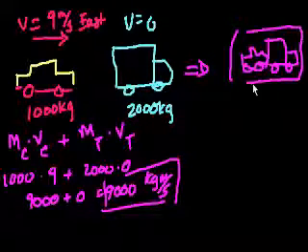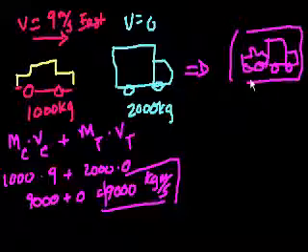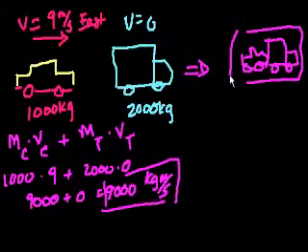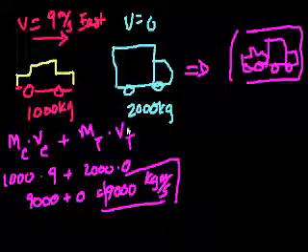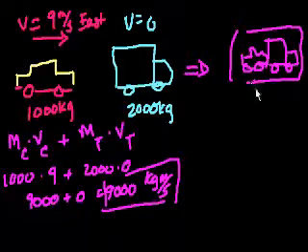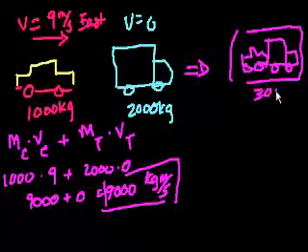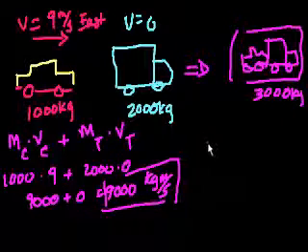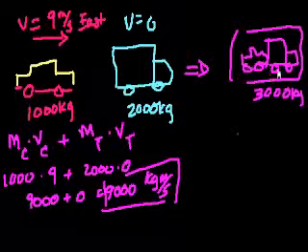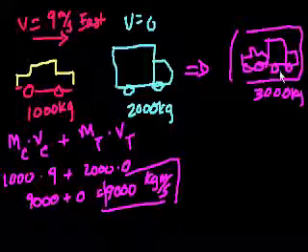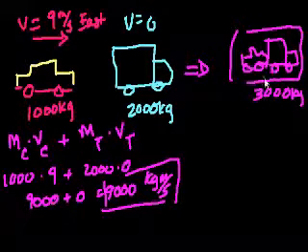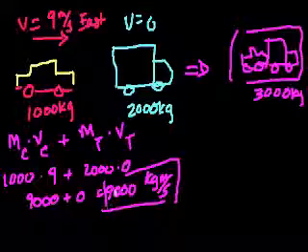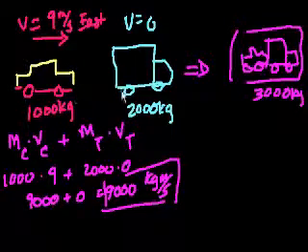So what do we know about this car truck object? Well, we know its new mass, right? The car truck object will be the combined mass of the two. So it's 1,000 kilograms plus 2,000 kilograms. So it's 3,000 kilograms. And now we can use that information to figure out its velocity. How? Well, this 3,000 kilogram object's momentum has to be the same as the momentum of the two objects before the collision.